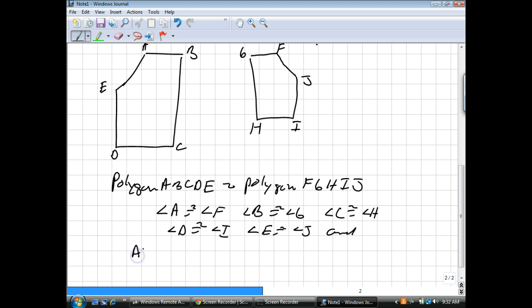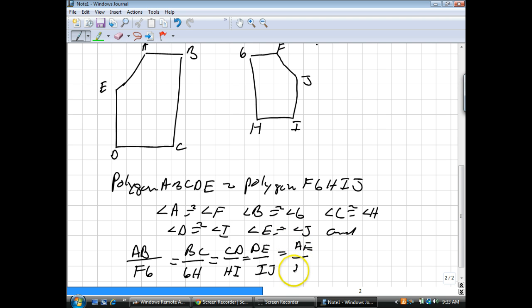So AB is to FG as BC is to GH, as CD is to HI, as DE is to IJ, as AE is to FJ.